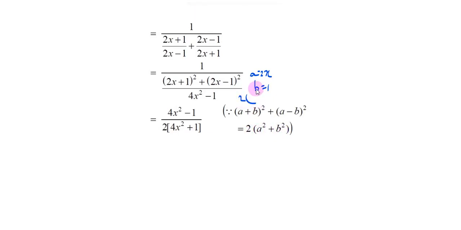So 2 into a square value 2x the whole square plus b square value 1 square. Okay, I write here: 2 into 2x the whole square means this is 4x square, plus 1 square, plus 1. Understood?